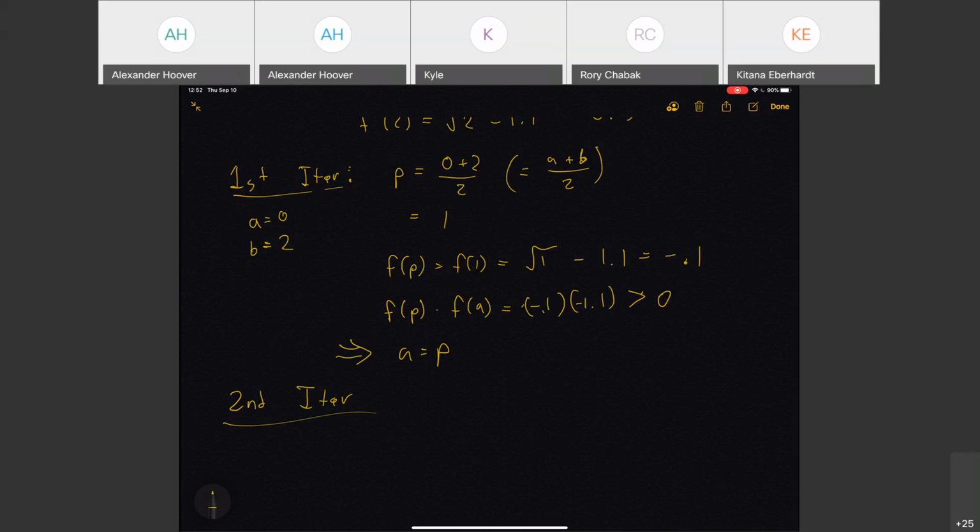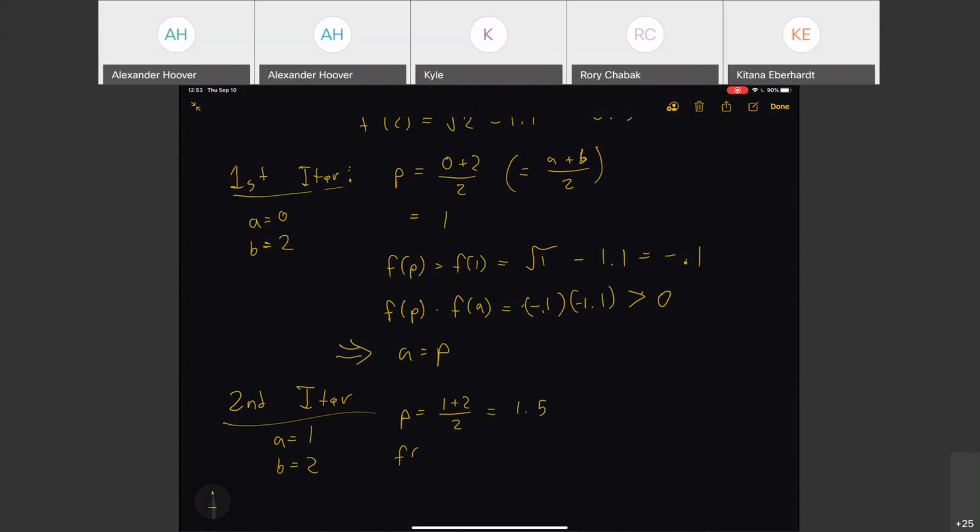So now we've set a new iteration. Right, where we have A is equal to 1, B is equal to 2. So P is going to be equal to 1 plus 2 over 2, so 1.5, right?